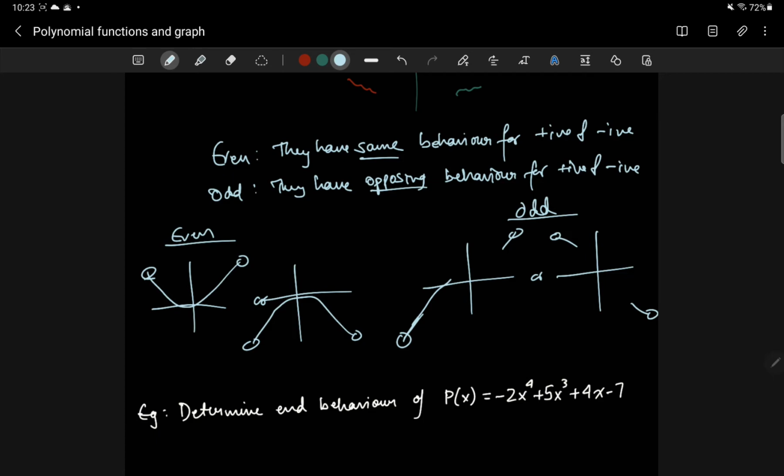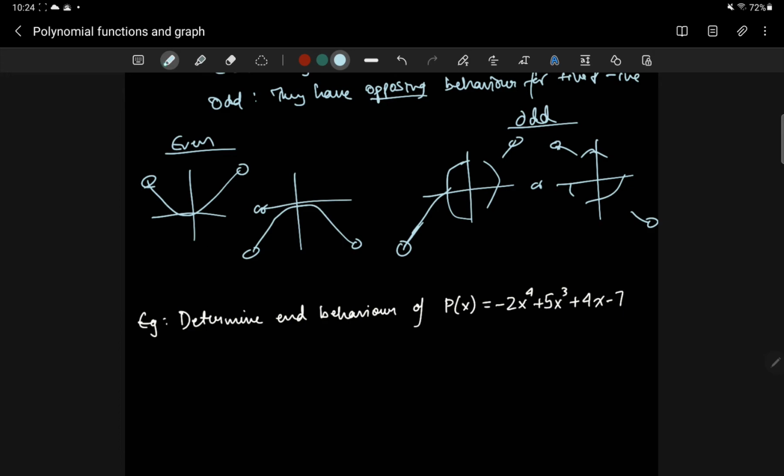Notice that I didn't draw what happens in between because things might change there. Some different behaviors may happen, and we are focusing only on the end behavior. So the end behavior remains consistent at either top left or bottom right, and they're always going to be opposing when it comes to an odd function.